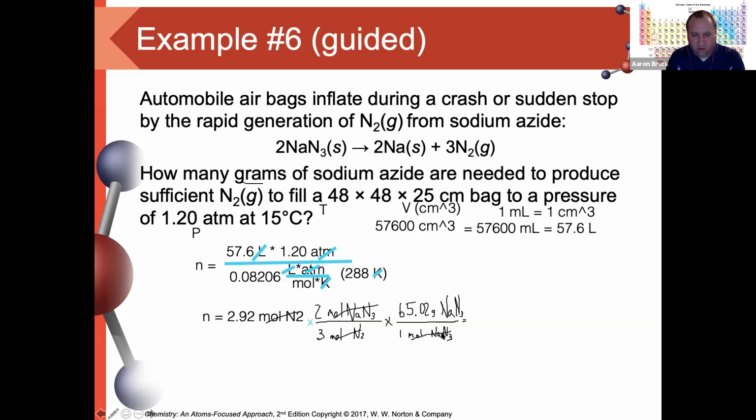And so 2.92 multiplied by 2, multiplied by 65.02, divided by 3, it would take, to 3 significant figures, 127 grams of sodium azide to do this. And so that's a pretty significant amount of that compound.